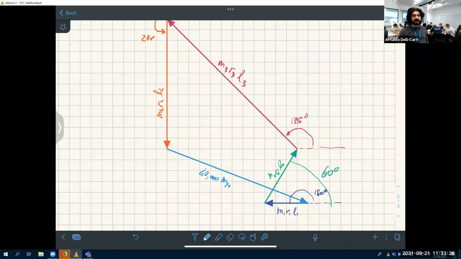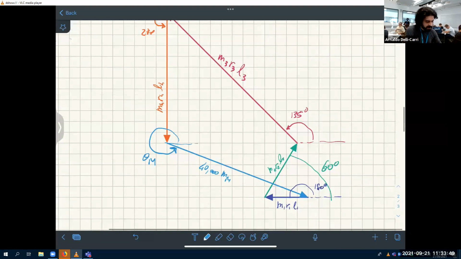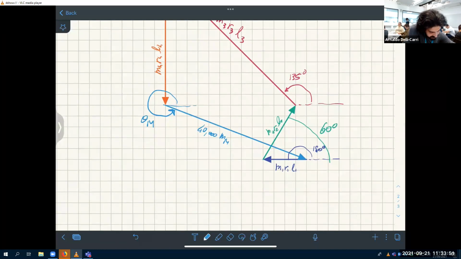So you can measure it now. You can measure it. And you can also measure the angle. The angle is this one, theta m. Okay? So you now have your protractor. You use it to measure theta m. You have a ruler. Use it to measure the length of this vector. And then you know that, let's call this Mm, Rm, Lm.